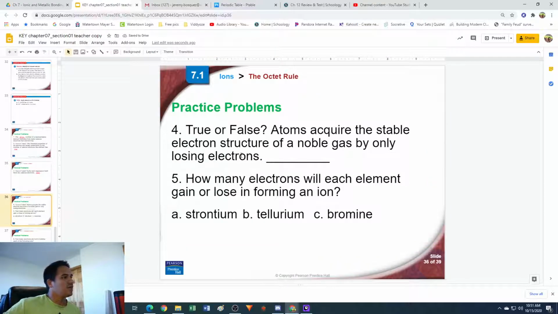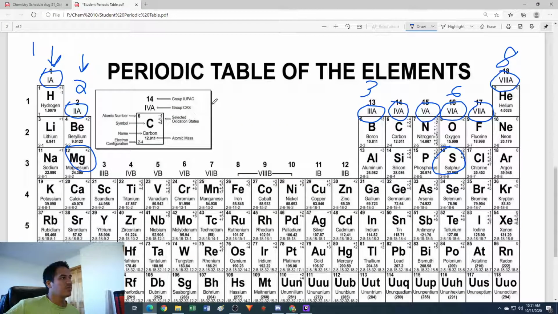All right. Number 4, true or false? Atoms acquire the stable electron structure of a noble gas by only losing electrons. So this is false, because remember that elements on the left side of the staircase, and just to remind ourselves, the staircase is basically these elements like here. So this is the staircase. Elements to the left of the staircase, which are the metals, these tend to lose electrons.